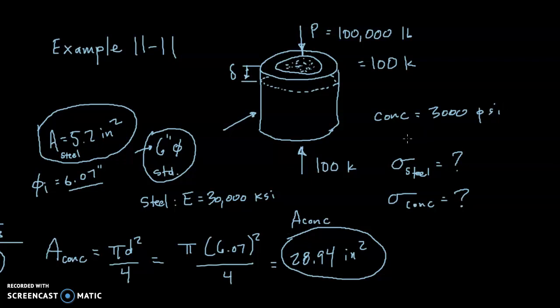Now, the problem statement told us that our concrete had a compressive strength of 3,000 psi. The only reason why that information is relevant is because if you look in the appendix, it is Appendix G. From Appendix G, we have the material properties of several different materials, including, at the bottom of the list, two rows for concrete.